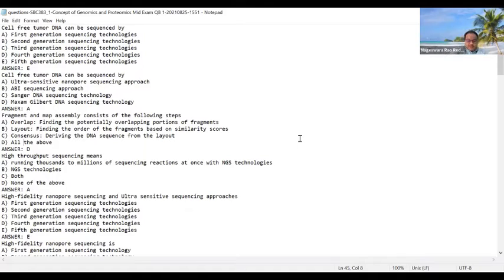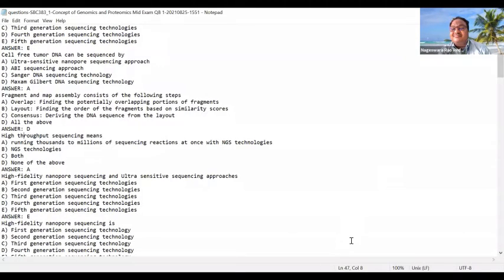Next one: high throughput sequencing means. Devika. Devika? Are you there in the class? Sir, she is having some network issues.